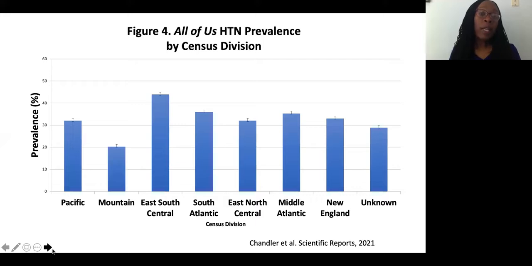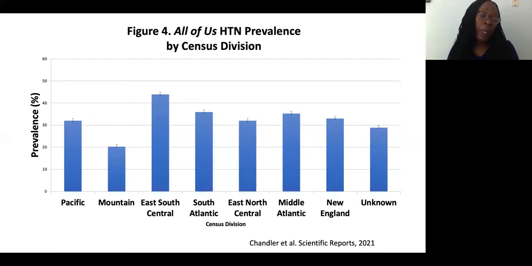And then we were also able to look at it by census division, because we have the information on where these individuals live within the workbench. So we could see that the Southeast Central had the highest prevalence of hypertension. Over 45% or 43% of individuals in this cohort of 103,000 people were from the Southeast.